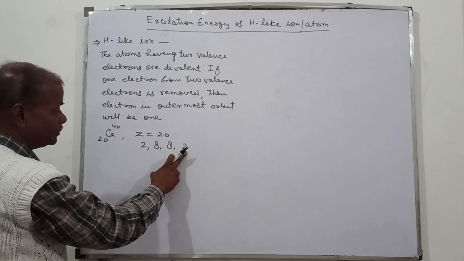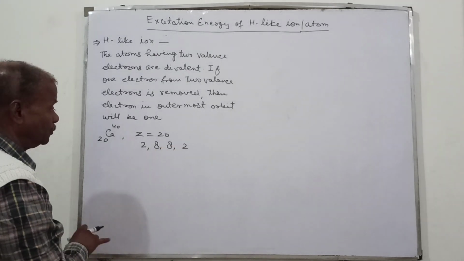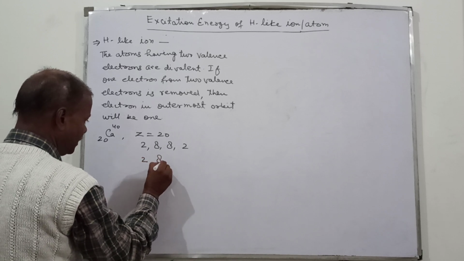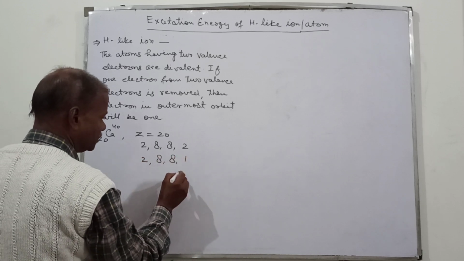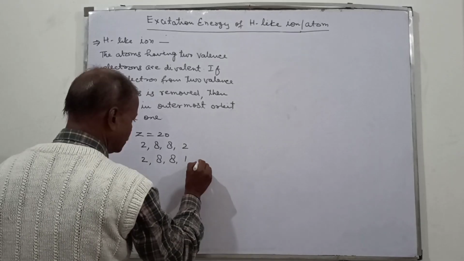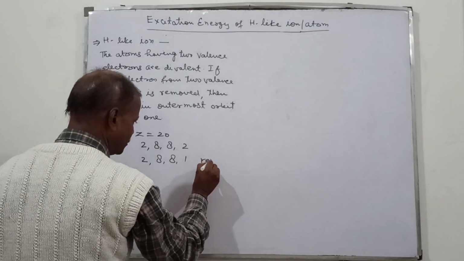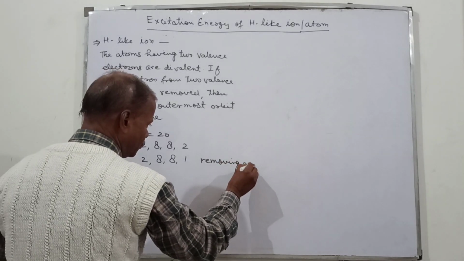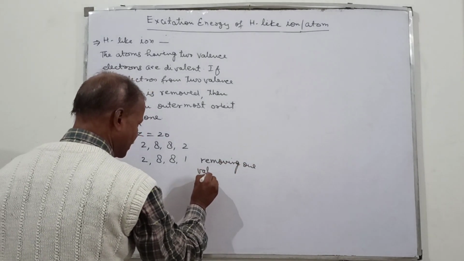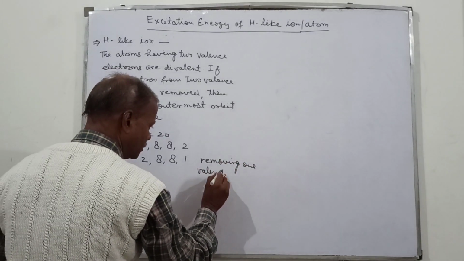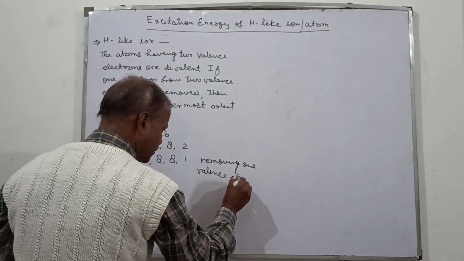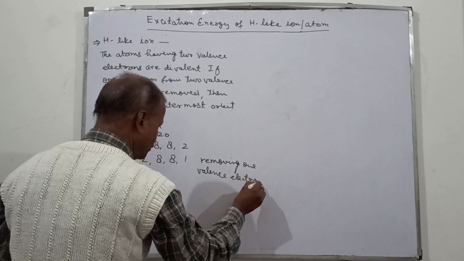If out of these 2 electrons one electron is removed, then it is now 2, 8, 8, 1, removing 1 valence electron.